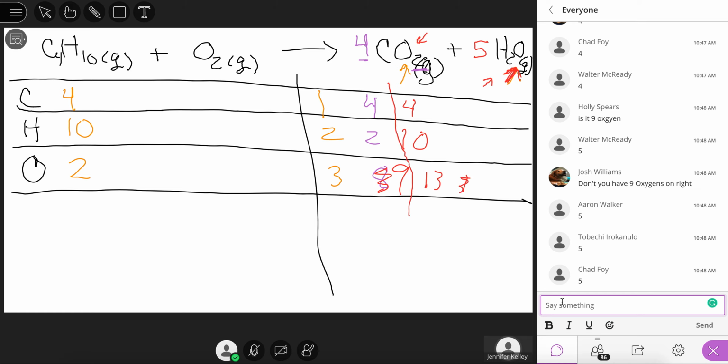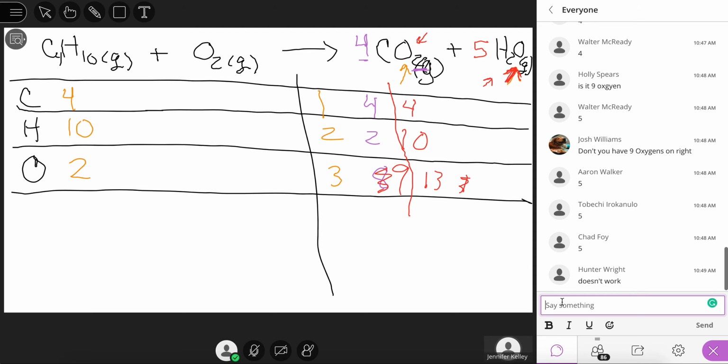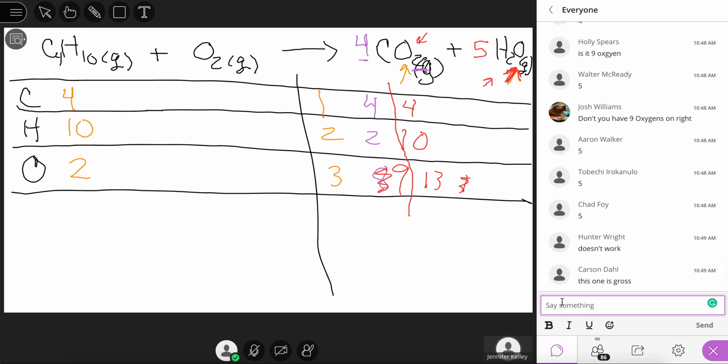There's nothing you can multiply by 2 that's a whole number in order to get 13. Correct? That looks bizarre. It's like, okay, now what? So I will show you what. It's not as hard as it sounds.